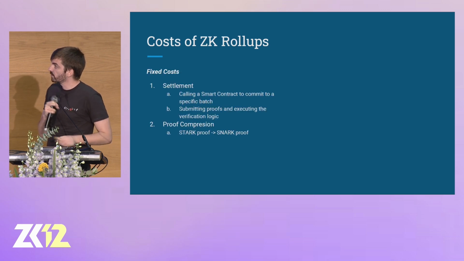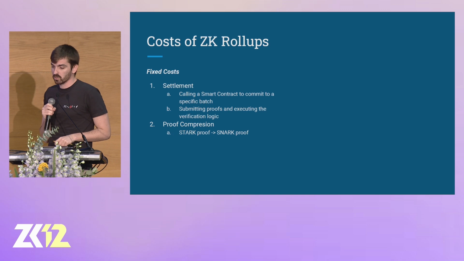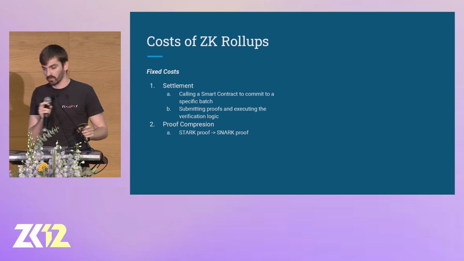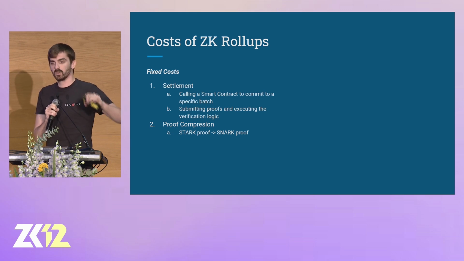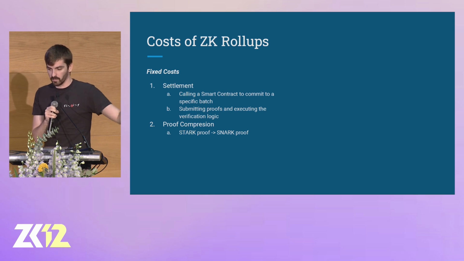First, we have fixed cost, which is composed of settlement and proof compression. By settlement, we mean two things. First is the transaction to commit to a specific batch on the L1, and that includes all the gas cost, but not the DA cost for that batch.